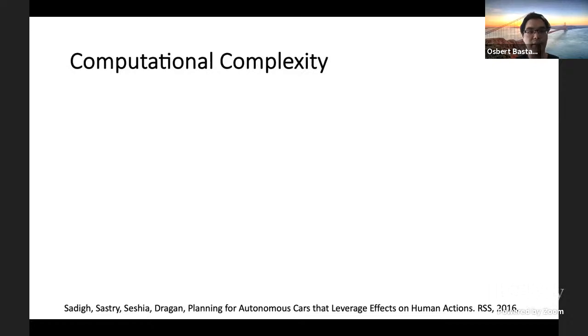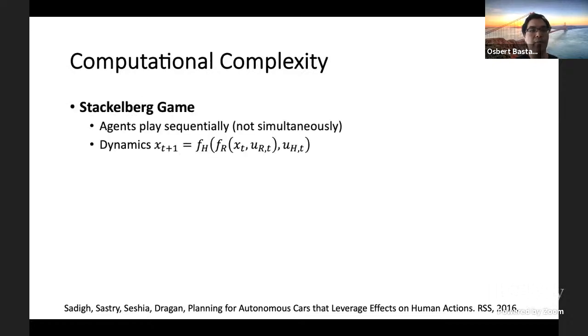In terms of computational complexity, as I said, they formulate the problem as a Stackelberg game. And in a Stackelberg game, unlike a traditional two-player game, the agents play sequentially rather than simultaneously. So what this means is that the dynamics are now decomposed into two parts. We're going to assume that the robot moves first, and then they move alternatingly after that.